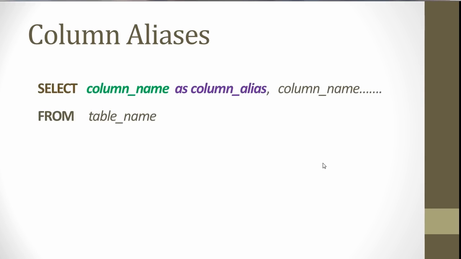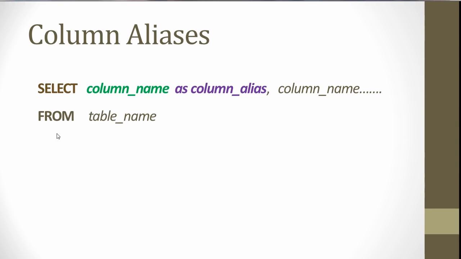Let's look at the column alias syntax. It is select, column name, as, and then a new column name. Of course, you can provide aliases for as many columns as you want to, and then from and table name.